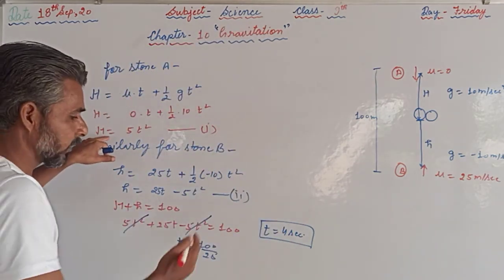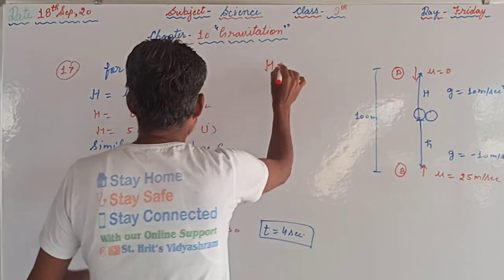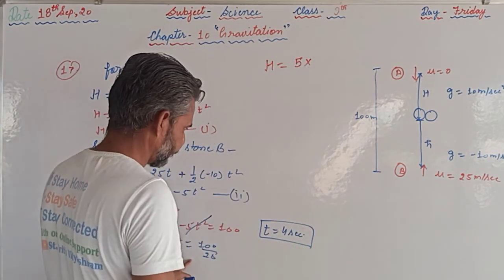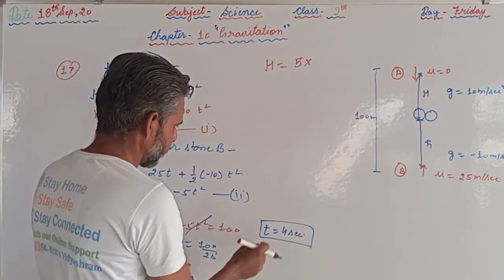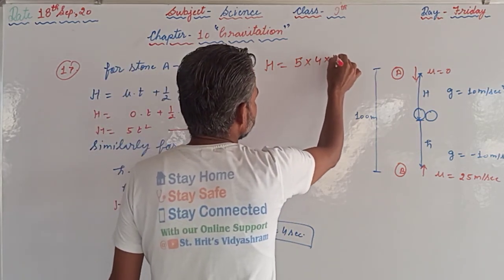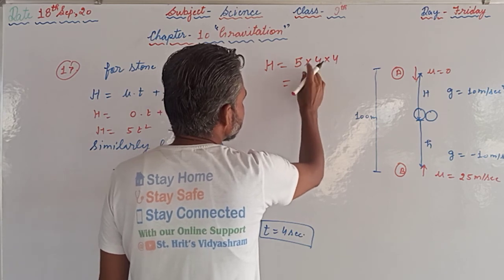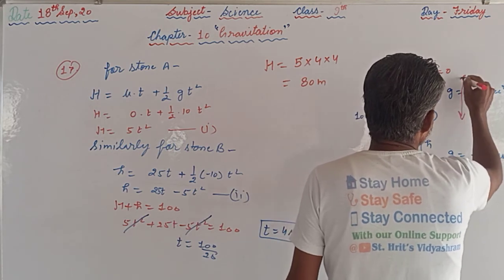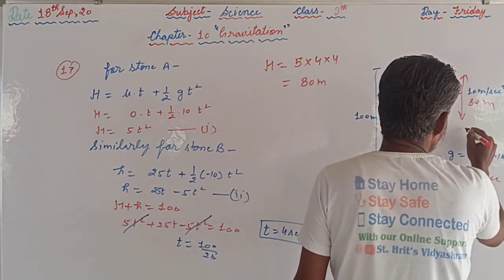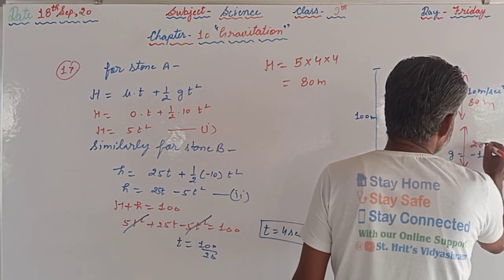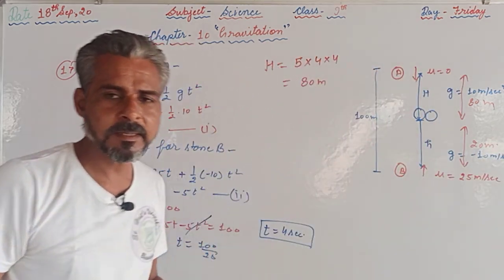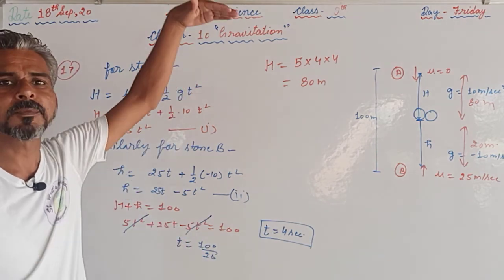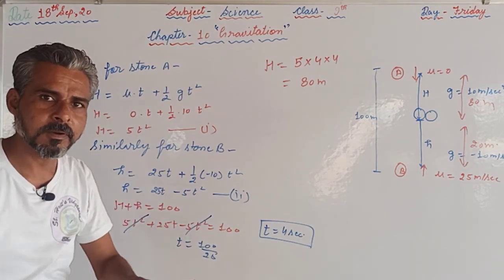So from here we can find out h is equal to 5 t square, t means 4, 5 into 4 into 4, that is 80 meters, and from here the remaining will be 20 meters. Means after 4 seconds the stones will be at the same position, and that position will be 80 meters from the top or 20 meters from the ground.